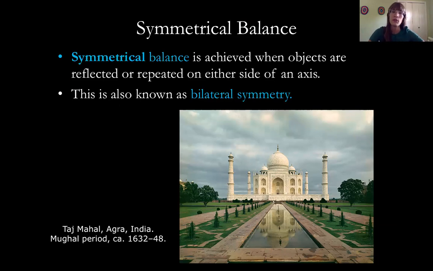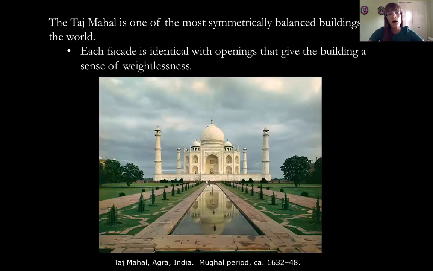Symmetrical balance is achieved when objects are reflected or repeated on either side of an axis. This is known as bilateral symmetry, but you can also just write symmetrical balance. The Taj Mahal, which you all probably know about, is one of the most symmetrically balanced buildings in the world. Each facade is identical, with openings that give the building a sense of weightlessness. If you were to make an axis right down the middle, even the gardens are very symmetrical.